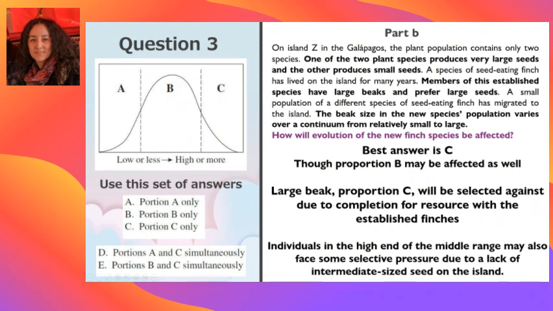So individuals in the high end of the middle range may also face some selective pressure due to a lack of intermediate sized seeds. If large beak size maybe correlates with large body size, they go for these large seeds, possibly to better fuel them.